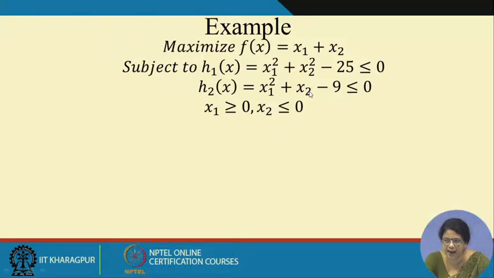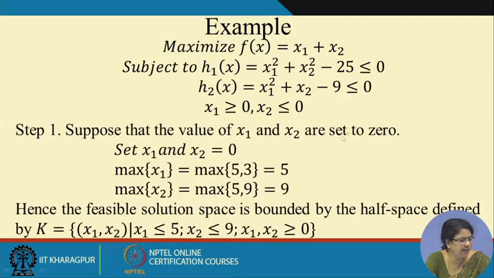From the next constraint, the maximum value for x1 is 3. That is why in general the maximum value for x1 is 5, and the minimum is 0. Now, for x2 the maximum is 5 here, but here the maximum is 9. That is why the maximum of x2 would be 9.